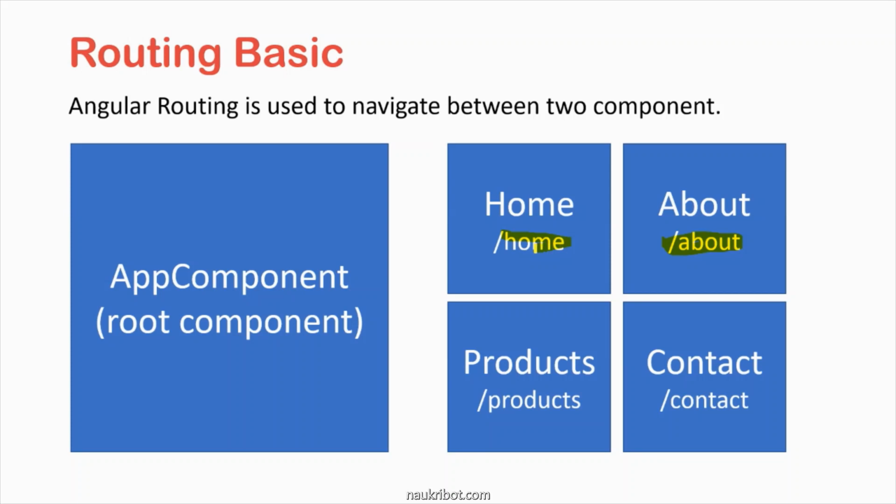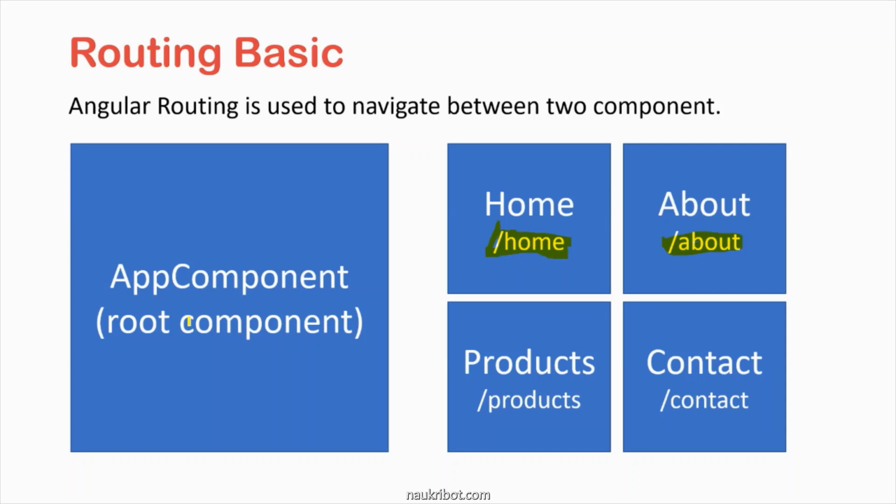It will not load every time. Suppose I want to go to the home page, I will just write slash home, slash product, slash contact. These are the sub components which we will create, and they will be loaded inside this app component. This is the parent component which will load all components inside it.